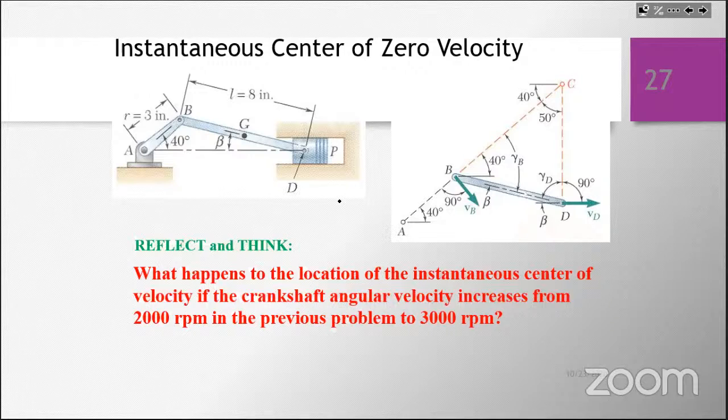Does anything happen to the instantaneous center? How do we find the instantaneous center?